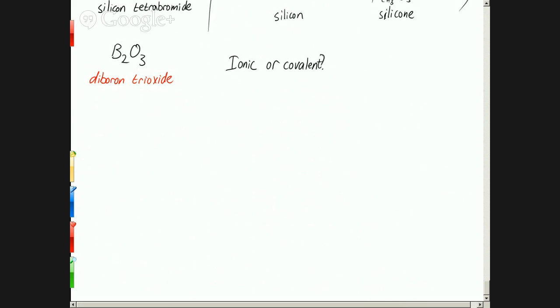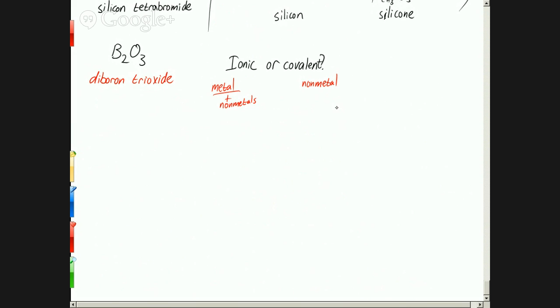Right, exactly. So if it's ionic, it will be a metal and nonmetals. But especially it'll have the metal. If it's covalent, it'll be nonmetal and nonmetal.